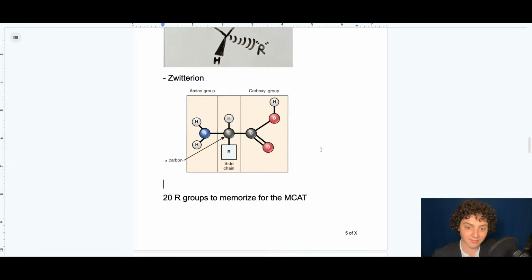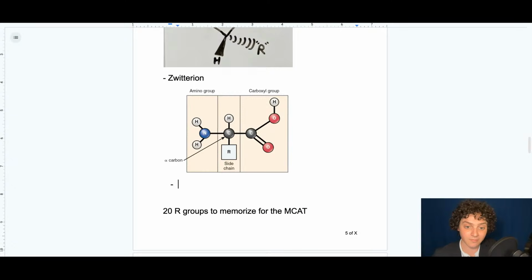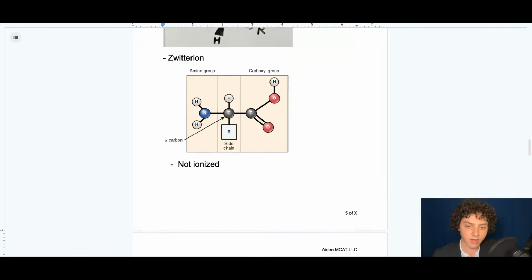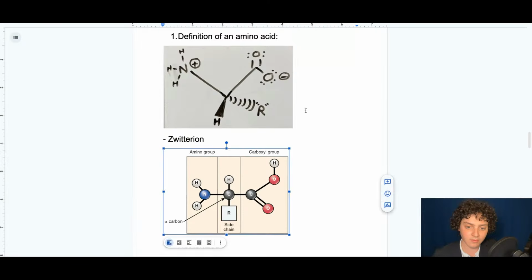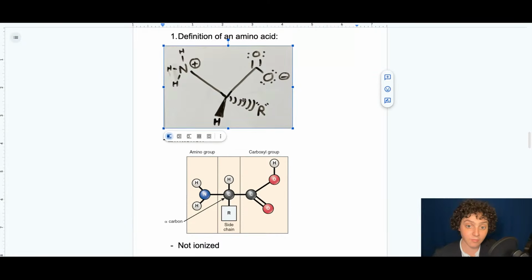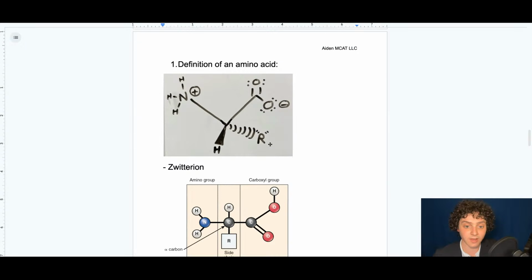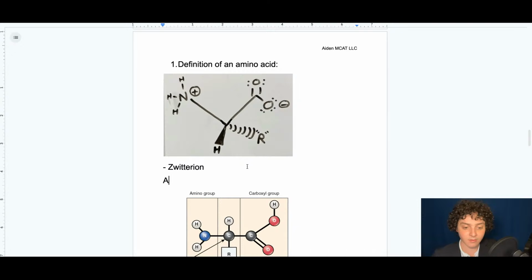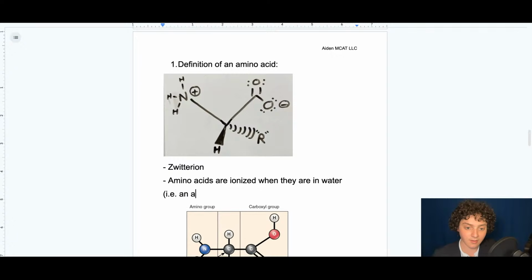And then you have this one, which is not ionized at all. Why do we have these two depictions? Is it one or is it the other? Really, it's this one, and that's why I drew this out as my definition of the amino acid. That is because amino acids are ionized when they are in water, i.e., an aqueous environment.